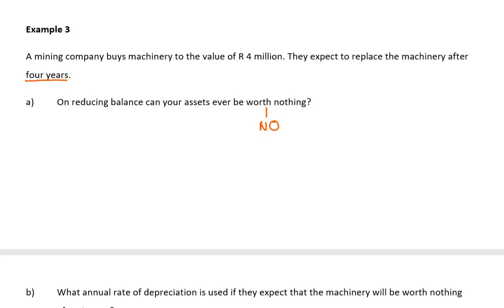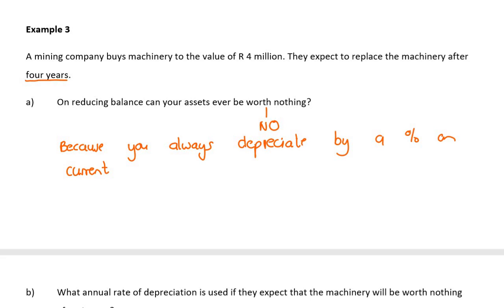So the answer is no, because you always depreciate by a percentage on the current value, which means you must always be left with something. So therefore, you always have something left over.